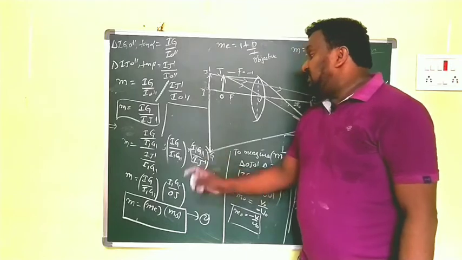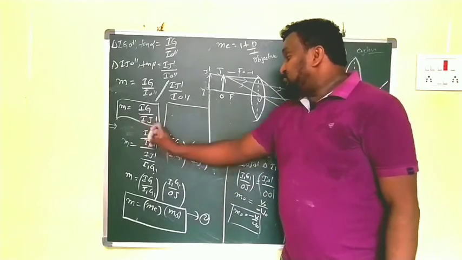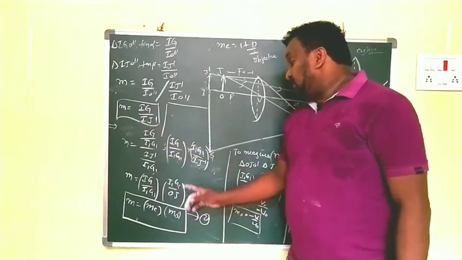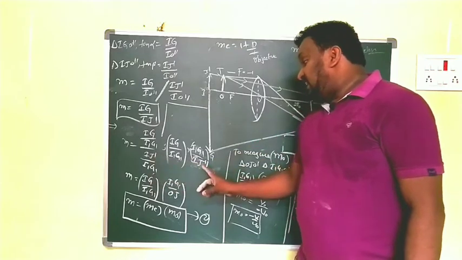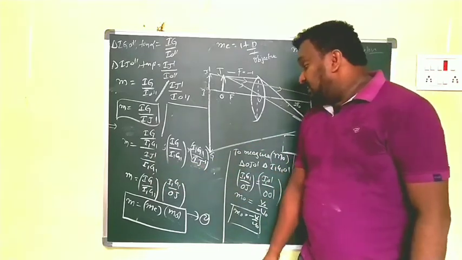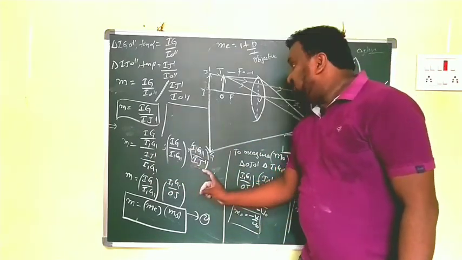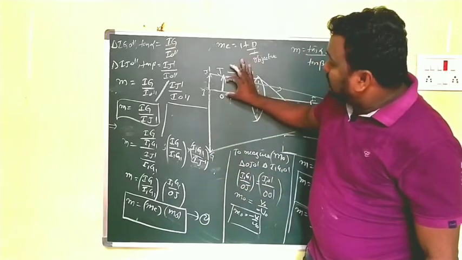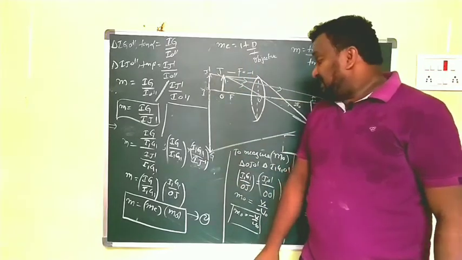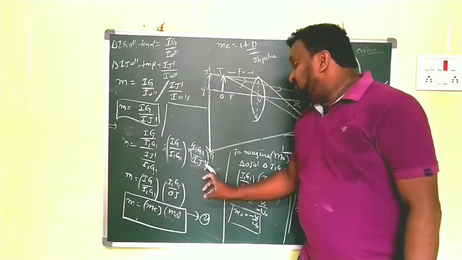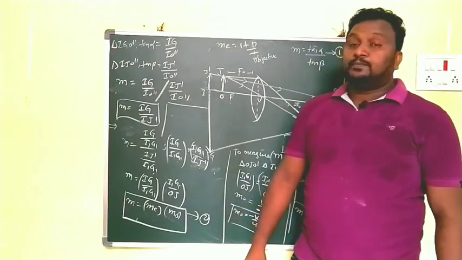IJ dash is nothing but the object placed at this location. That's why I am now writing IJ dash is equal to OJ.